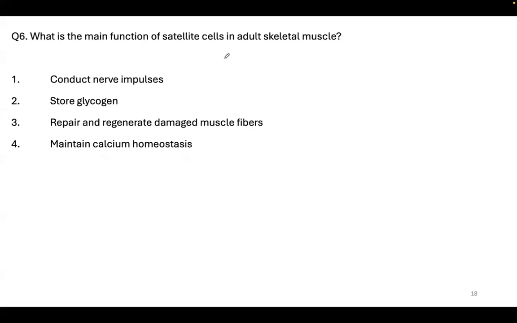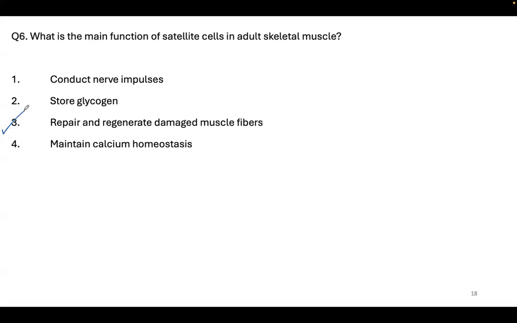Then, what is the main function of satellite cells in adult skeletal muscle? So, why do you have these? Satellite cells are your stem cells, right? Why do you have stem cells in an adult tissue? It's already grown, right? You don't need to grow it again, do you? Yes. So, to repair and regenerate if there are damaged muscle fibers.